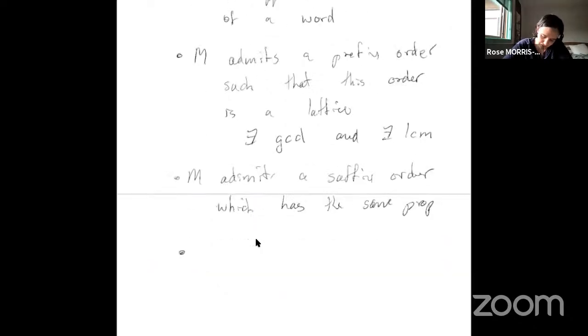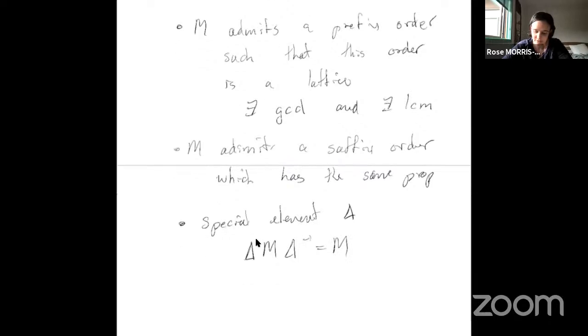And then we have this special element, which is called delta, and it has these special properties. When I conjugate an element in the monoid by delta, I also get an element in the monoid. So conjugating positive words, I stay inside positive words. And then the prefixes of delta are equal to the suffixes of delta.